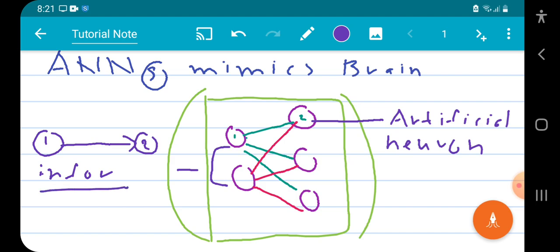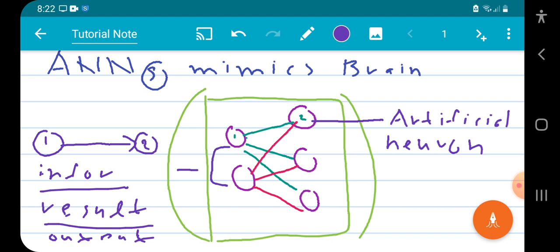We are passing the information or some result or some output to the next neuron. So each of these lines is there for the information to be passed between the neurons.